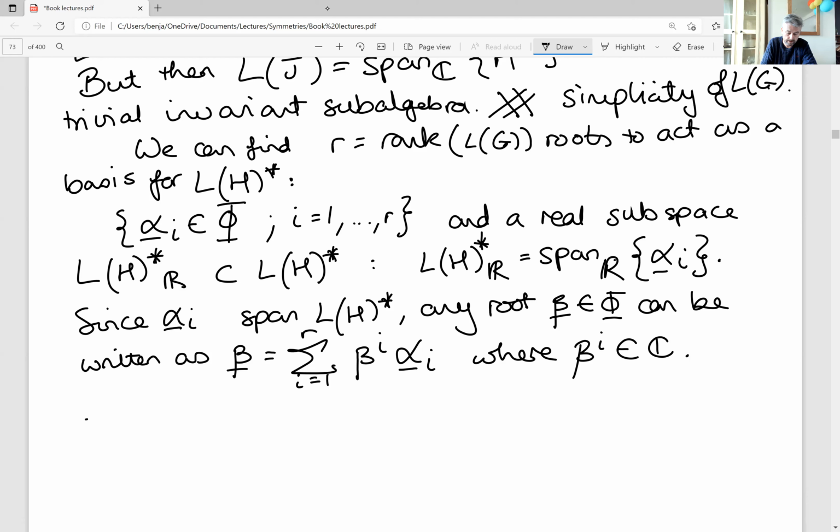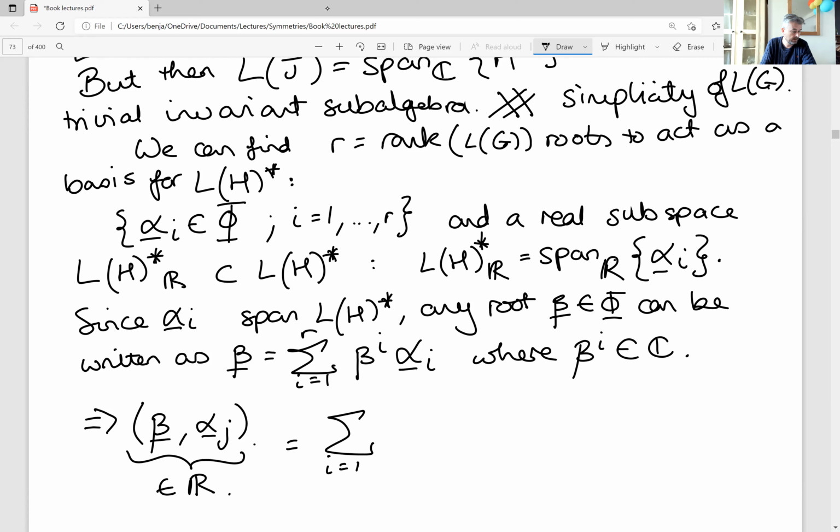Okay, now if you consider beta inner product with alpha j, we know this inner product from our previous arguments has to be real. Well, this is sum between I equals 1 and r of beta I, alpha I, comma alpha j. And this is also real.